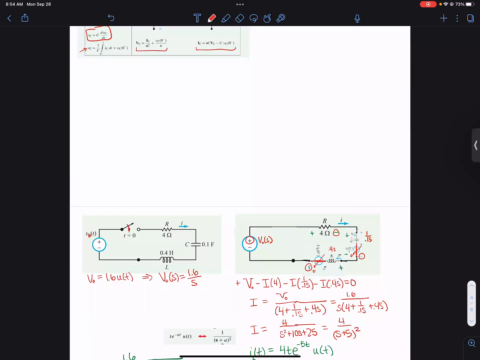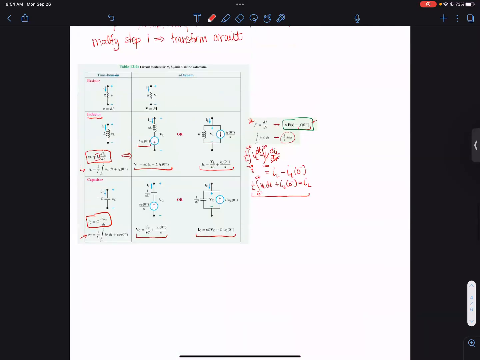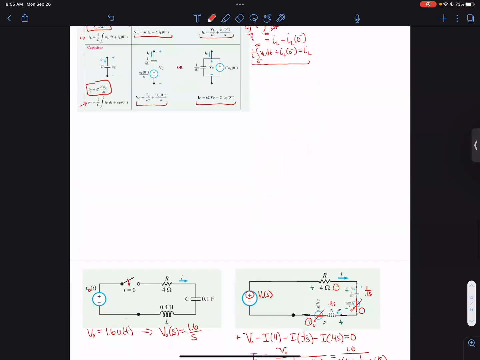I went through all the derivations, from just knowing IC is equal to C dV dt, and then the L, and showed how they move from the time domain into the S domain. So what you need to know is, from here, how do you use this information now?